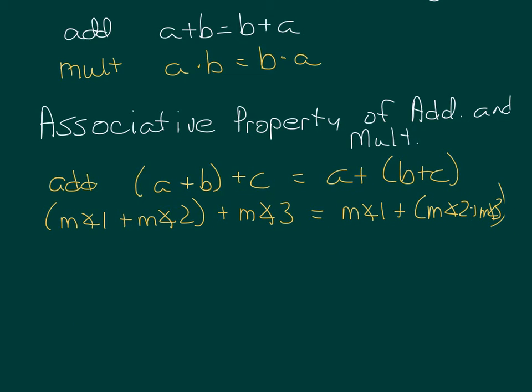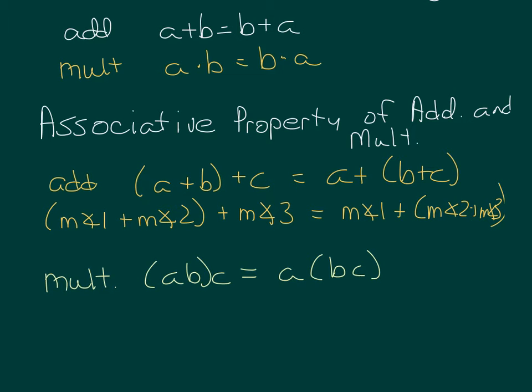If we want to look at the associative property for multiplication, well, we might have (A times B) times C equals A times (B times C). Just regrouping.